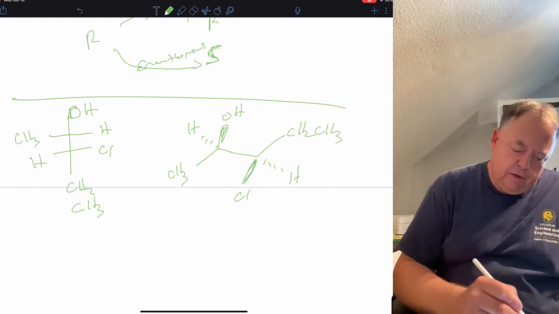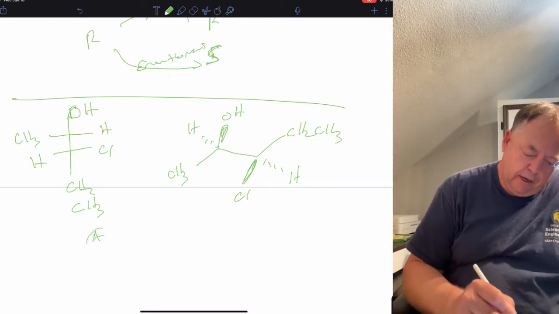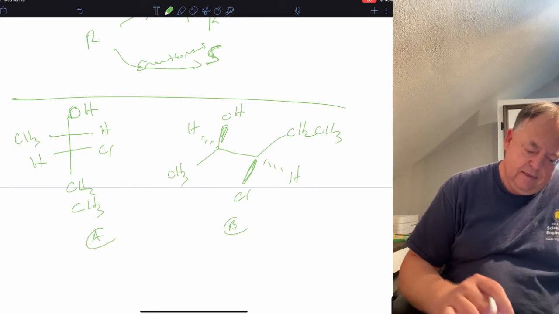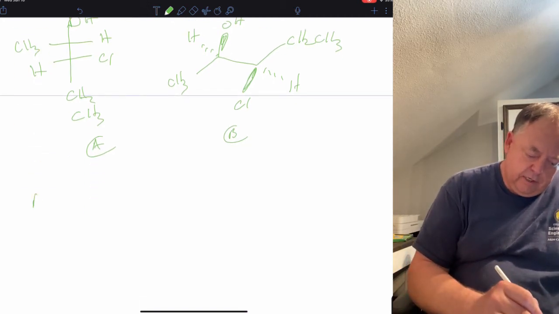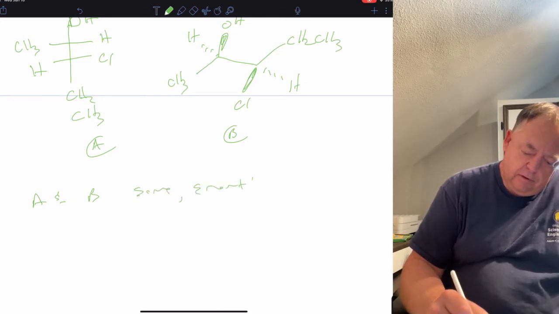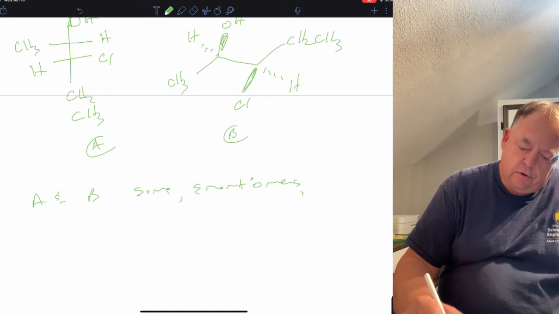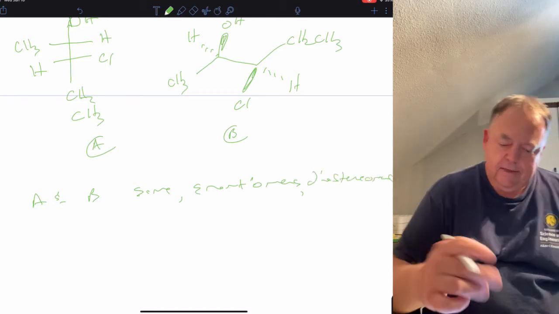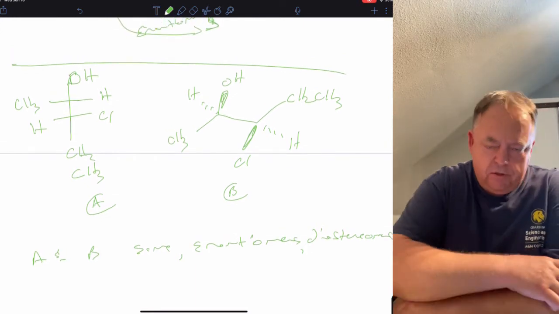So are these 2 molecules the same? So we'll call this A and B. If we take A and B, they're either the same, they're enantiomers, or they're diastereomers. And which is it? I have no idea until we figure this out.